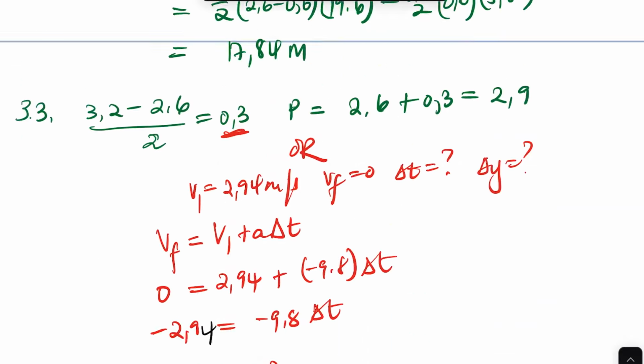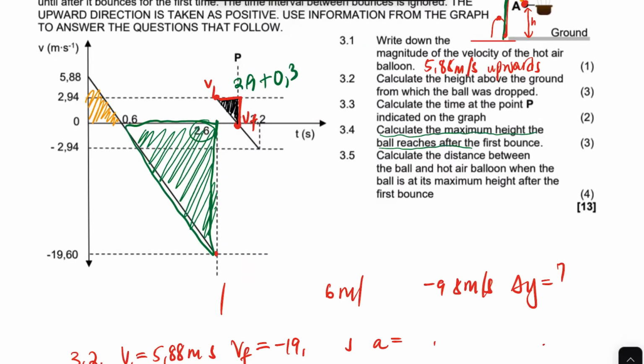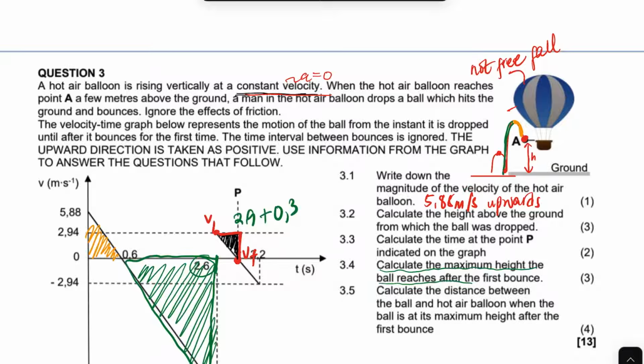Now, what do you need to keep in mind when the ball reaches its maximum height? There, it took 2.9 seconds to get there. Even the hot air balloon, from there to where it is now. Let's say the hot air balloon is now here.